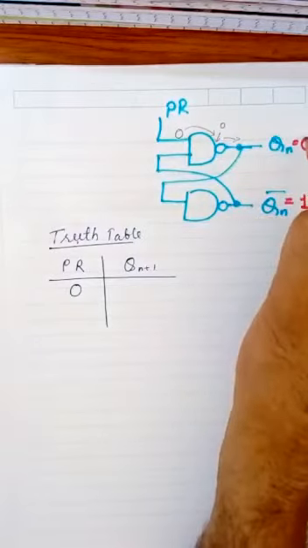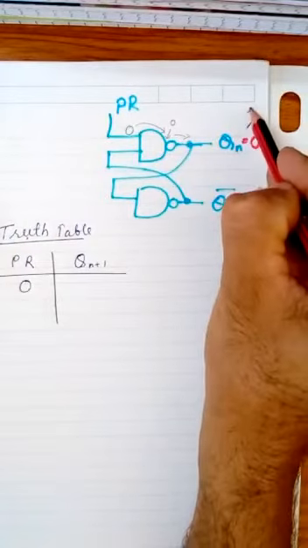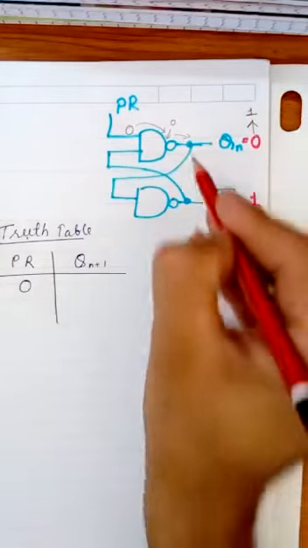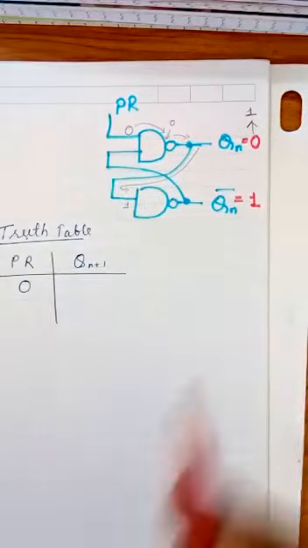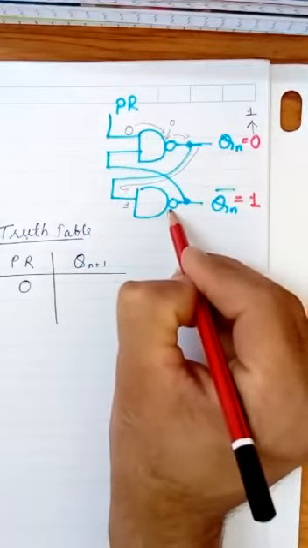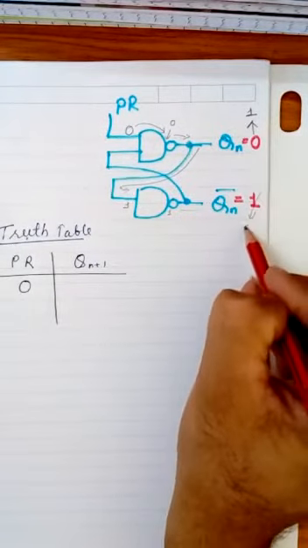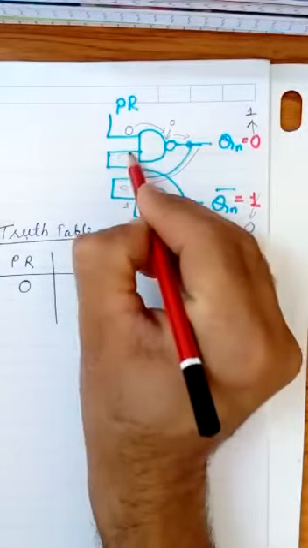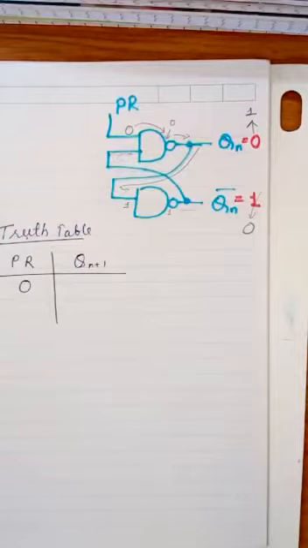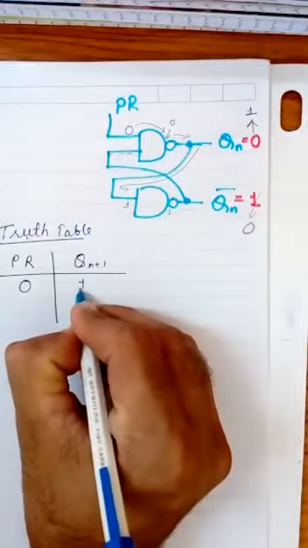It means this 0 is changing from 0 to 1. When 1 passes to this pin, this is 1 and this brings this one as 0, and this will again pass 0. It means the output is changing from 0 to 1.